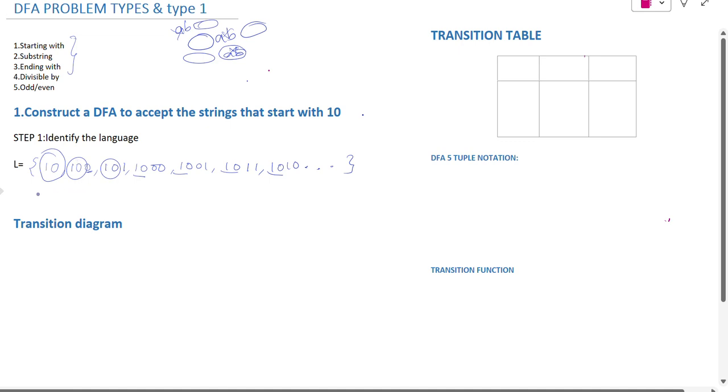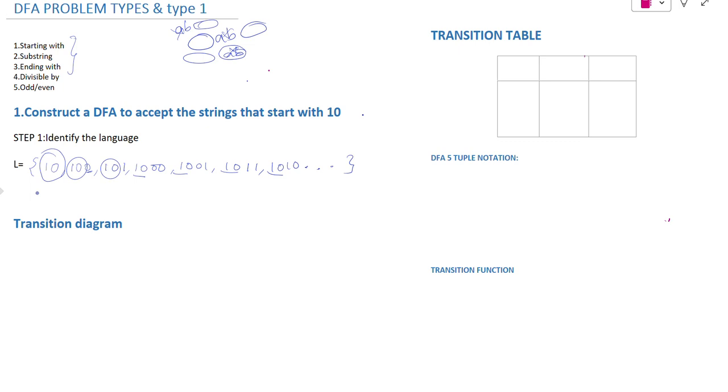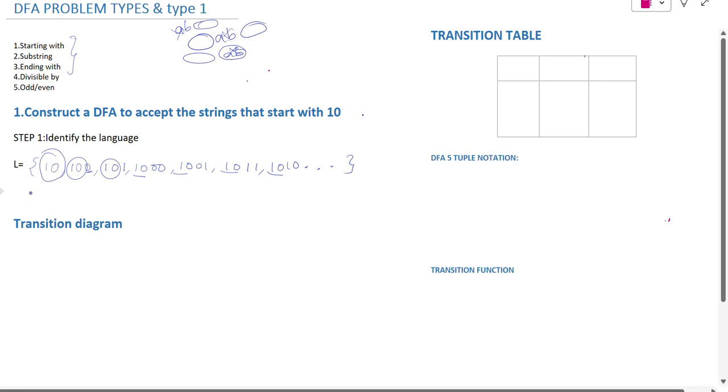Now you have found the language, and this is the basic string in your language. The trick here is, when you draw the transition diagram, you should know how many states you will need. Take the basic string; the number of symbols in the string is 2. 2 plus 1 will be the number of states. So use 3 states for the transition diagram.